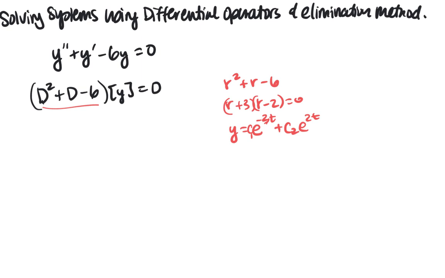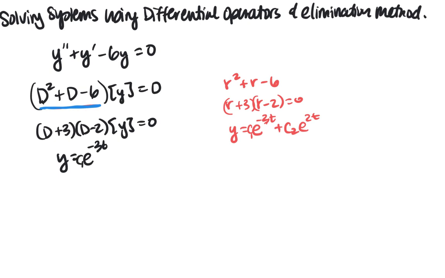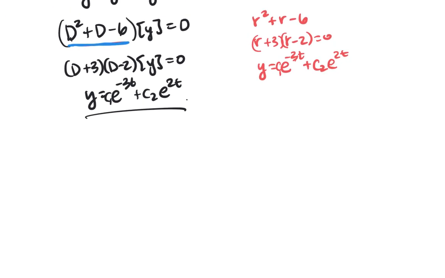Once you get to this point and you see that differential operator, you can factor that and you get (D plus 3)(D minus 2) all operating on y. And so you just are solving that like you would solve any other linear differential equation like this. So you would have y equals C1 e to the minus 3t plus C2 e to the 2t. So there's your solution.